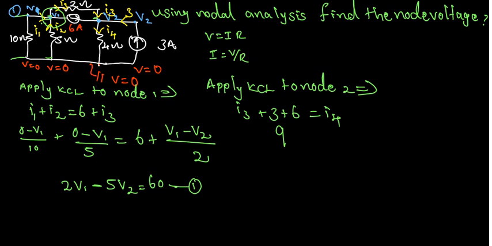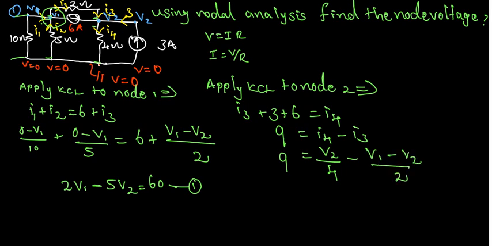So 9 is equal to I4 minus I3. For I4, the voltage difference is V2 by 4, minus I3, which is V1 minus V2 by 2. When we solve this, we get minus 2V1 plus 3V2 is equal to 36. And that's our second equation.